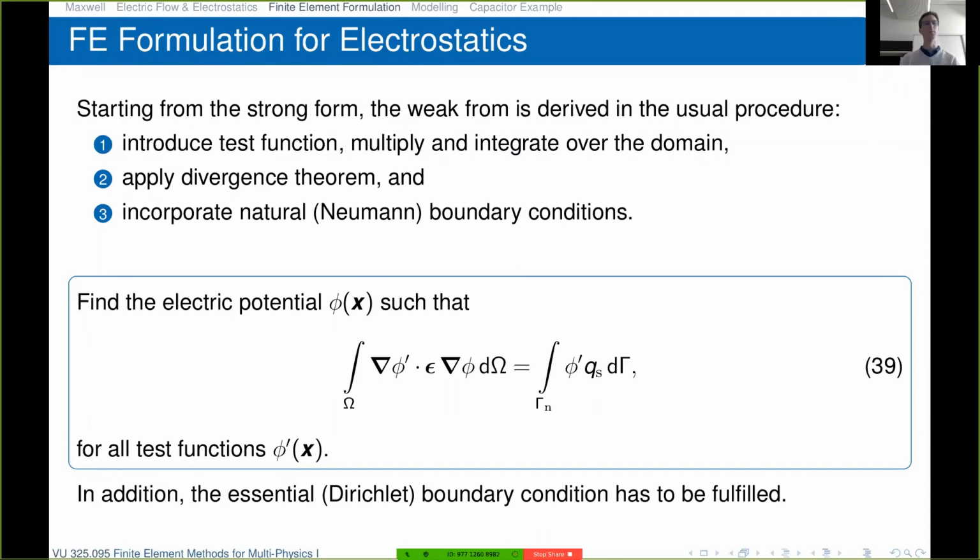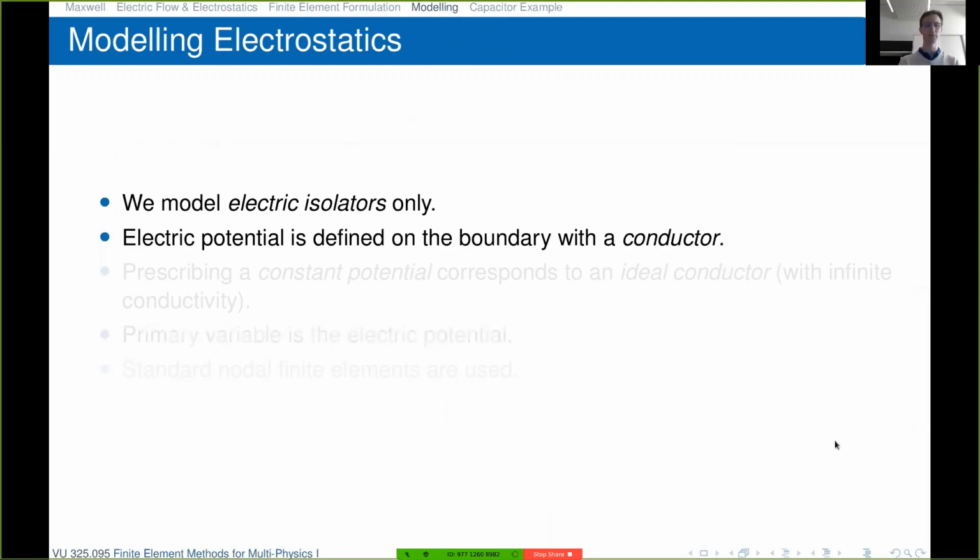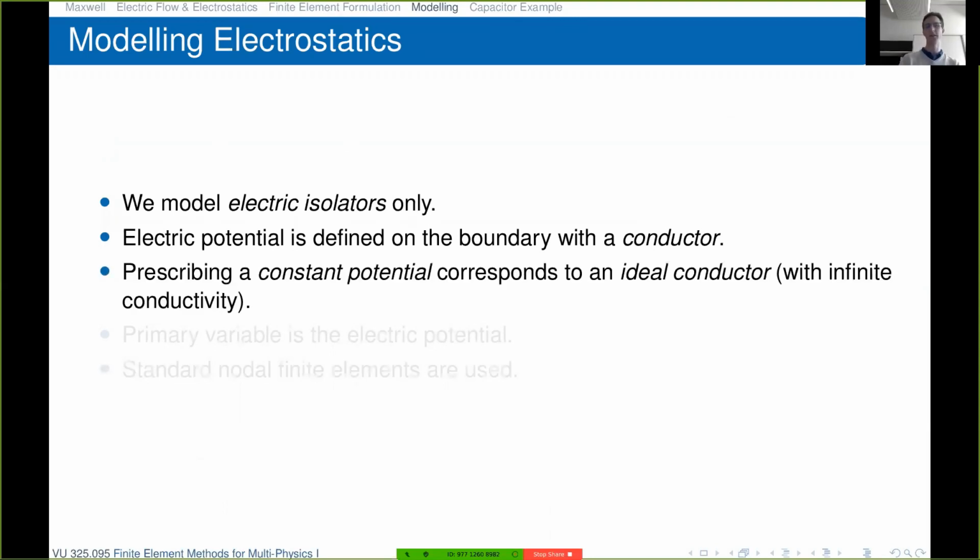Okay, so how do we model electrostatics? First, we have to remember that we model electric isolators only. The electric potential is usually defined on the boundary with the conductor. So if we prescribe on the boundary a constant electric potential, that means that we have assumed this conductor is ideal, that means with infinite conductivity.